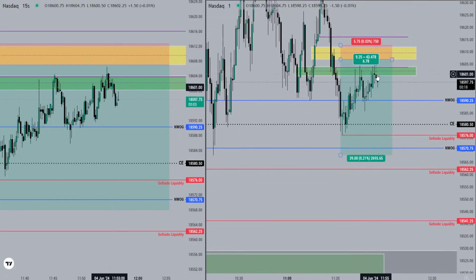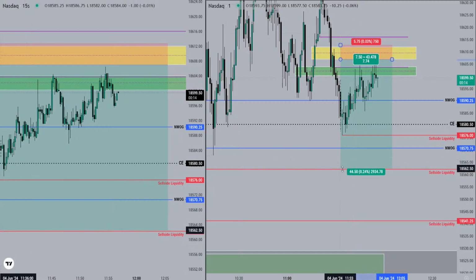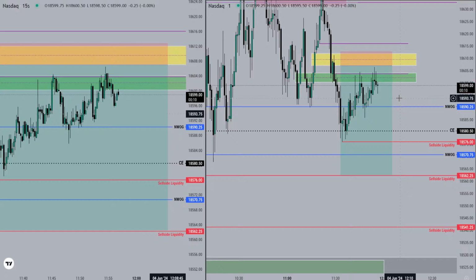I really would love to see that market will fall until this sell side liquidity around that area, within 1210. It should fall at least.